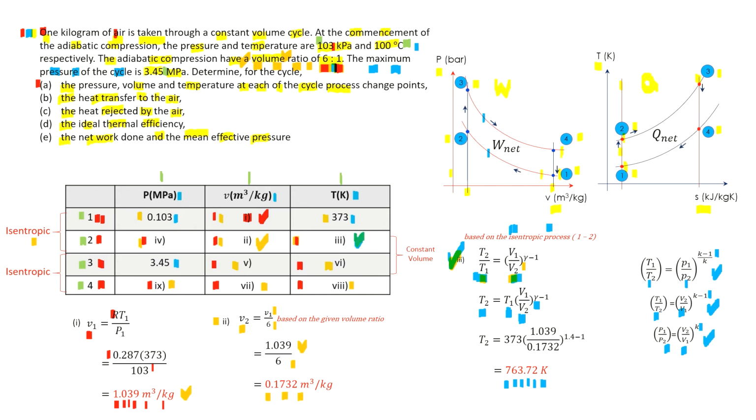So that means the temperature here you have found. Based on the second row of the table, you have already got the volume, which I have taken, and the temperature. Now when you look at state point 2 again, there is only one unknown.